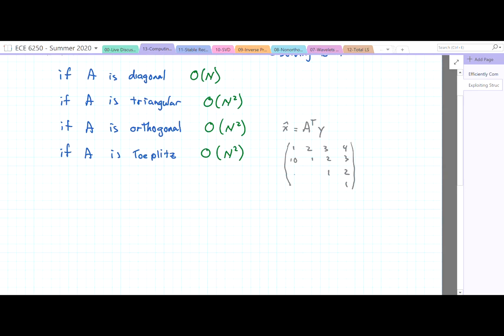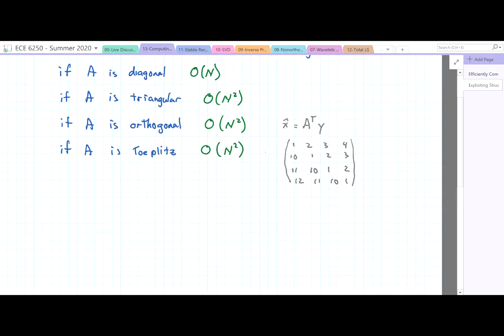Say 10, 11, 10, 12, 11, 10, and so on and so forth. So each row is a shifted version of the row above it, but as we shift to the right, new samples come in on the left. So that would be a Toeplitz matrix.